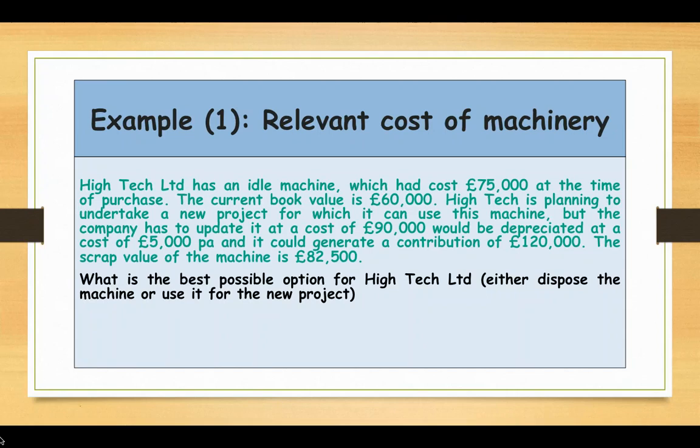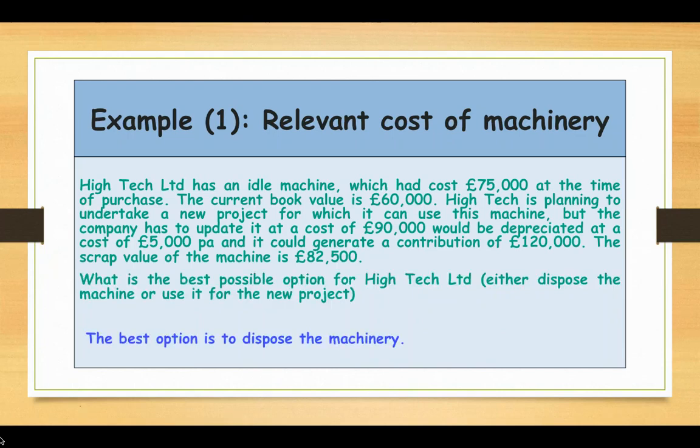If the company is going to dispose of it, the company will get £82,500 as scrap value. And if the company decides to use it in the new contract, the contribution the company is going to earn is 120,000, whereas it has to incur a cost of 90,000 for the update. So the net cash flow for that is 120,000 take away the 90,000, which is 30,000.